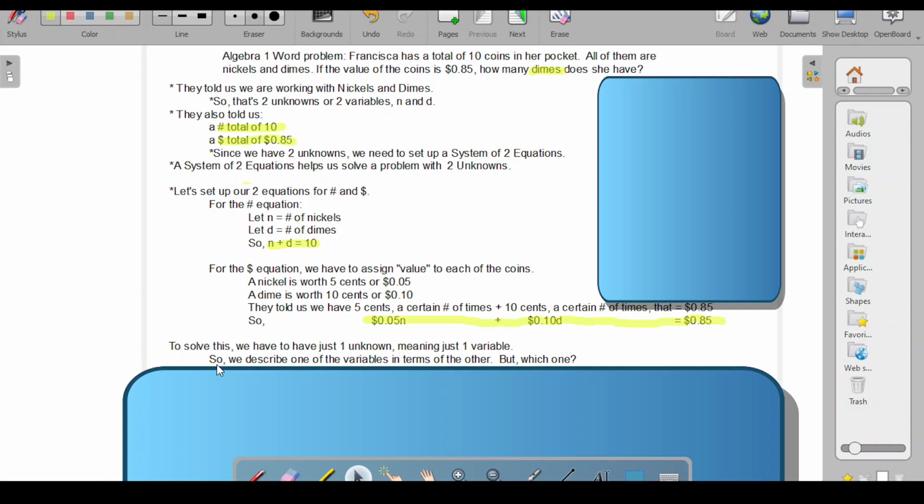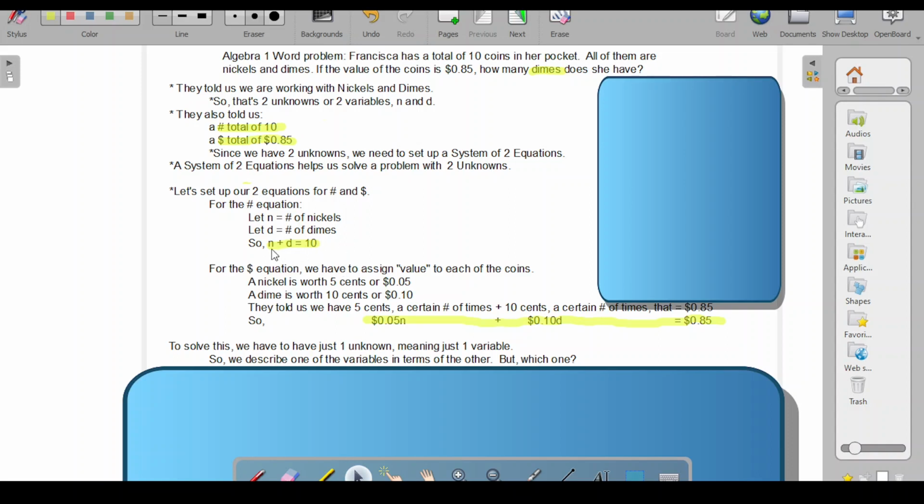So here's what we do. We describe one of the variables in terms of the other. But which one? We describe either d in terms of n, so we say d equals 10 minus n, or we describe n in terms of d, and we say n equals 10 minus d.